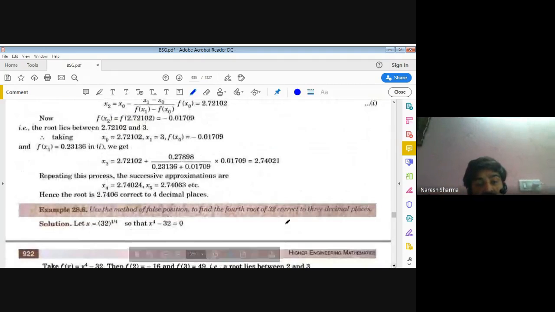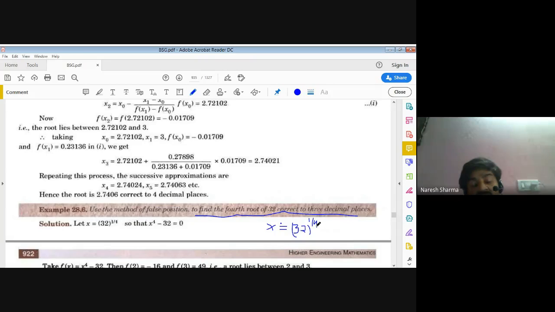So this one is a little bit tricky. It says find the fourth root of 32 correct to 3 decimal places. So if you say fourth root, we say x, because in an equation we are always interested in finding the root of the equation, that means the value of x. But here we require 32 raised to power 1 by 4, that means the fourth root of 32.